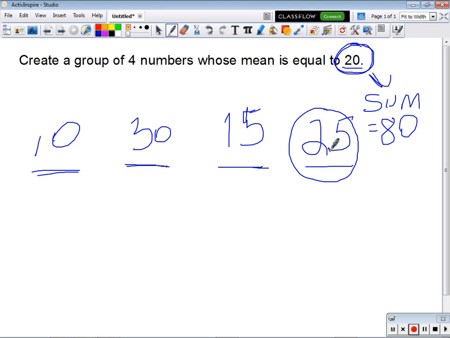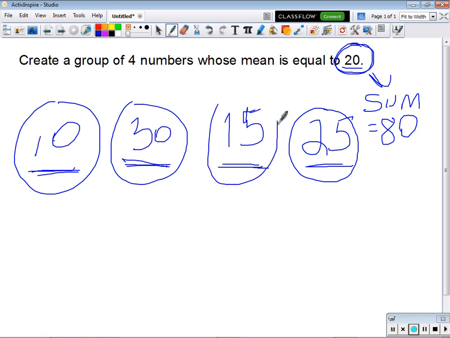So essentially, with this whole business of degrees of freedom, if I'm going to create 4 numbers whose mean is 20, I'm free to make up 3 numbers of my choosing. However, the 4th number has to make the sum equal 80.